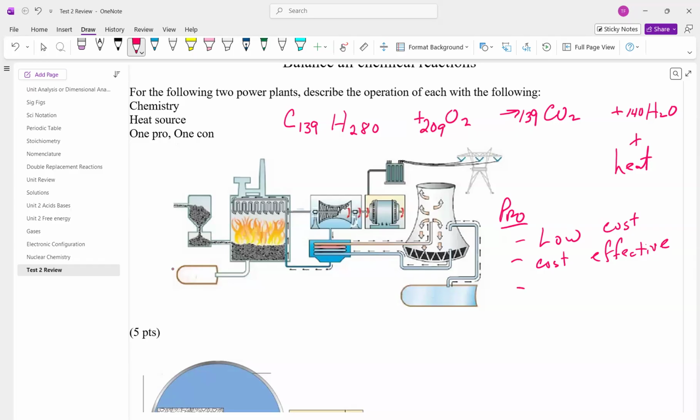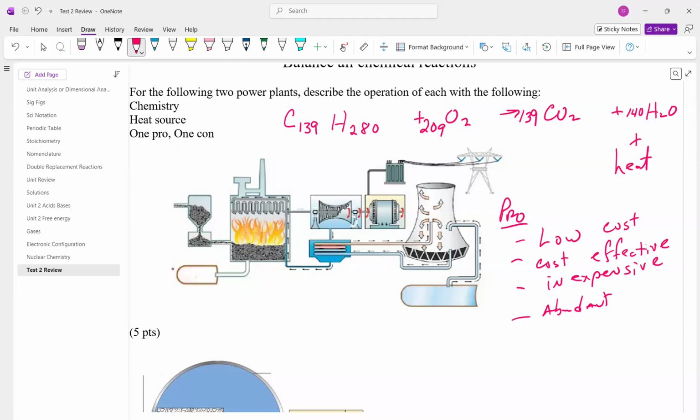Okay, what else? Inexpensive fuel. Yeah. Also, it's abundant. Problem is, the high quality coal is not abundant. It's basically used up. The only ones left are the dirtier ones.